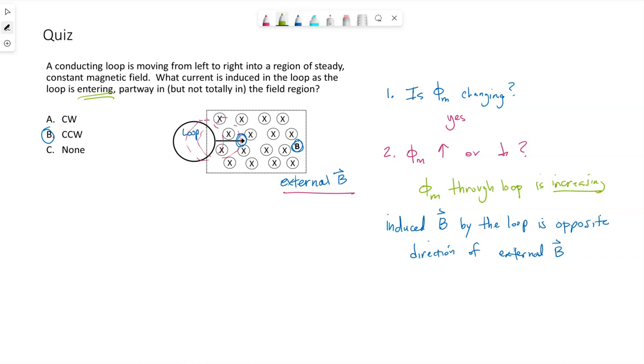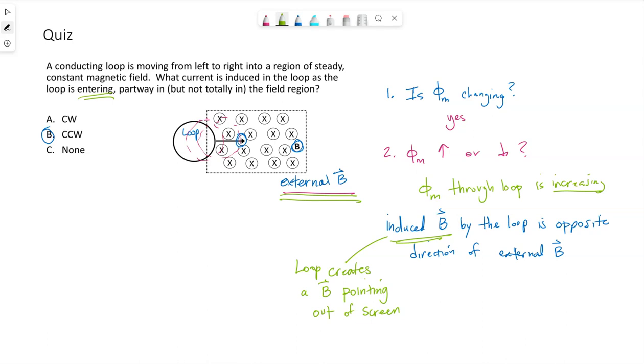So in this specific example, since the flux is increasing, the loop is going to create its own magnetic field that points out of the screen. Because that is opposite the external field that points into the screen. It's trying to decrease the flux back down to what it was before.